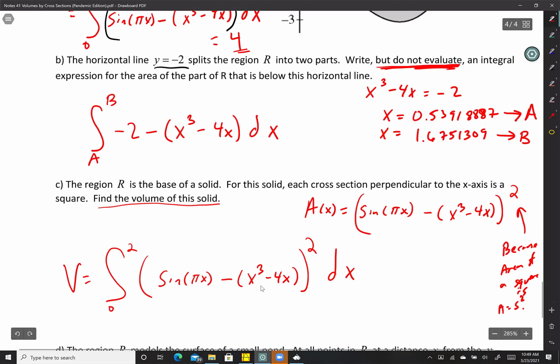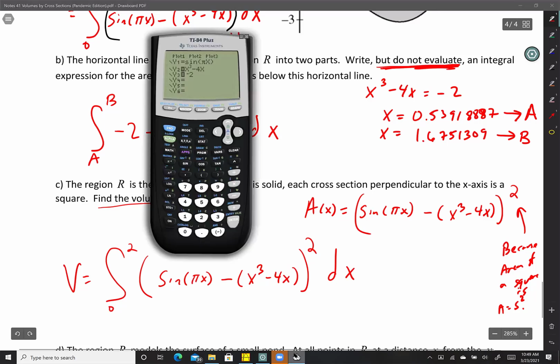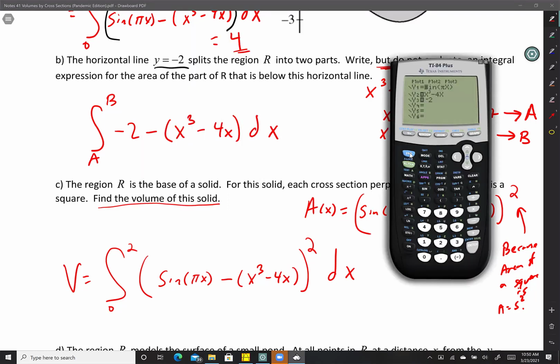So I'm going to use my calculator, guys. Remember where you have which one. So here's my calculator. I have sine pi x in y1. So here we go. Math, 9, 0, 2, open parenthesis. Hey, Mazuka, how do I get y1 in here?